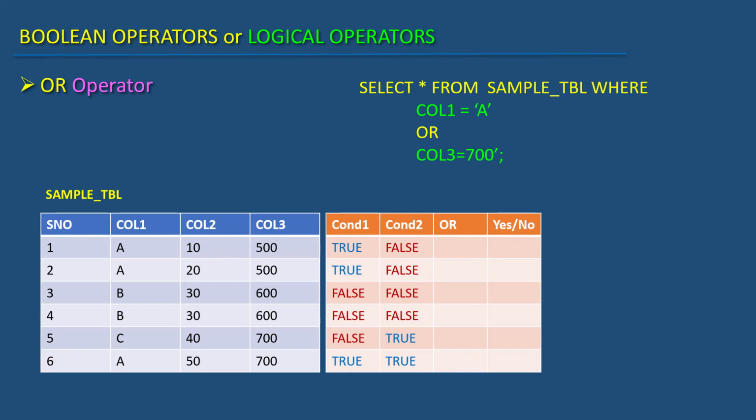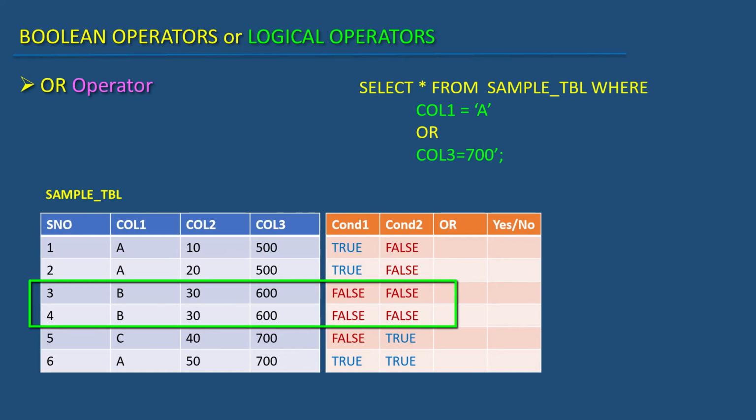Like that, row number 2 will test true for condition 1 and false for condition 2. Row number 3 and 4 will test false for both the conditions.